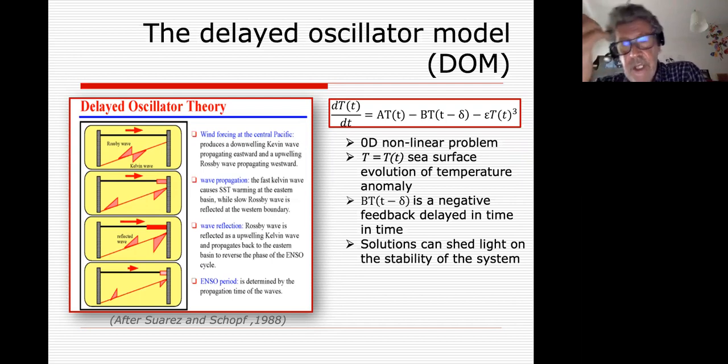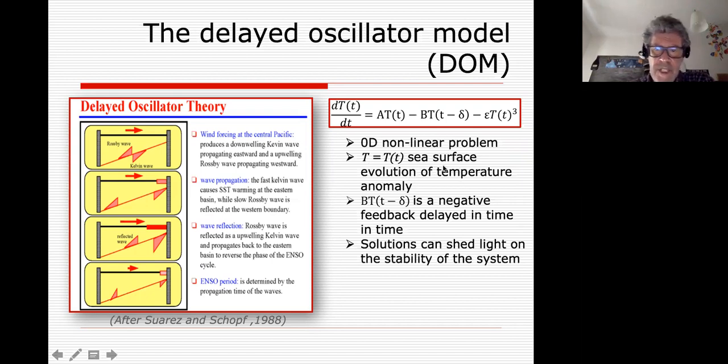And so it's something that depends on the temperature itself. T is the evolution of the temperature anomaly. And B is a negative feedback delayed in time. This is a stabilizing term that accounts for the dissipation.